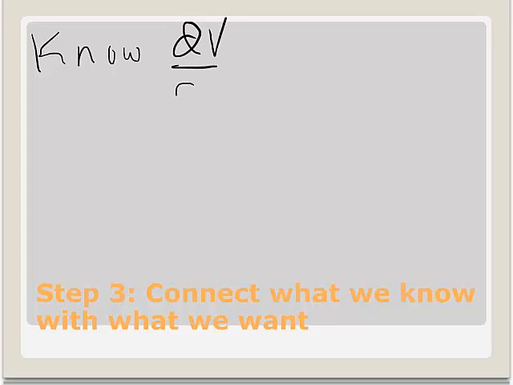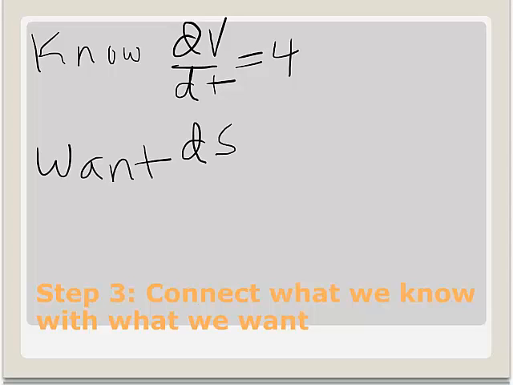So now we need to connect what we know with what we want. And so we know that dV/dt, the change in volume with respect to time, is 4. And we want to find the change in surface area with respect to time.